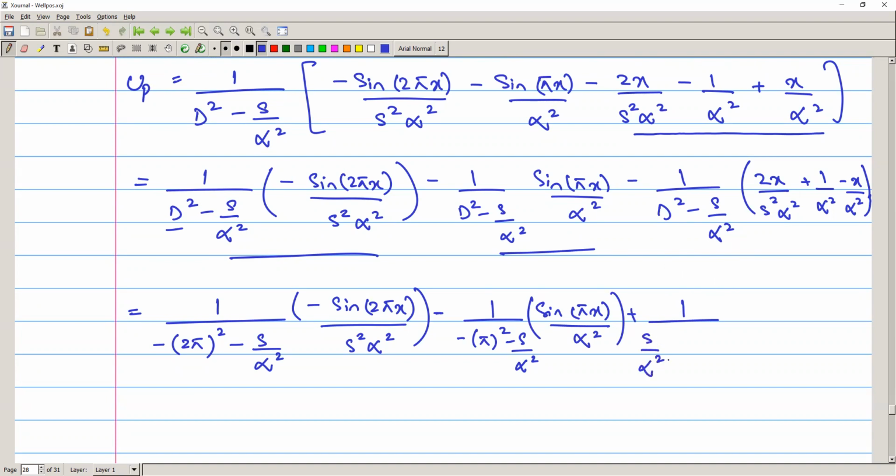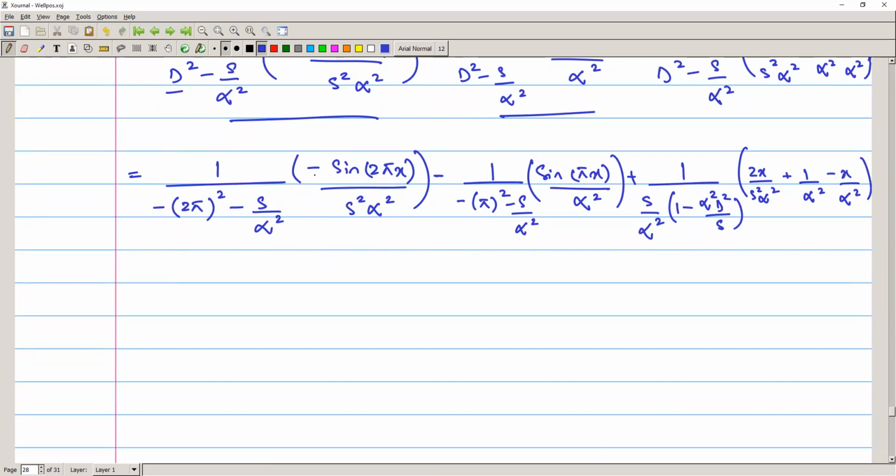In the bracket, we will be left with 1 minus alpha squared D squared over s, times 2x over s squared alpha squared plus 1 over alpha squared minus x over alpha squared, right?